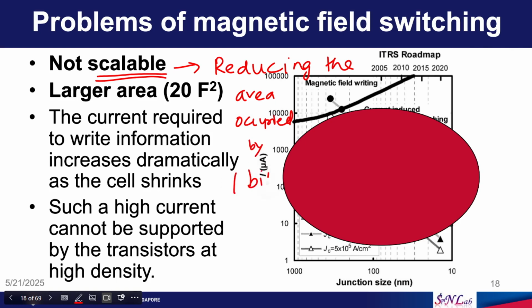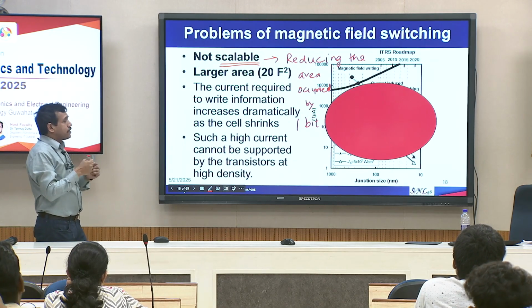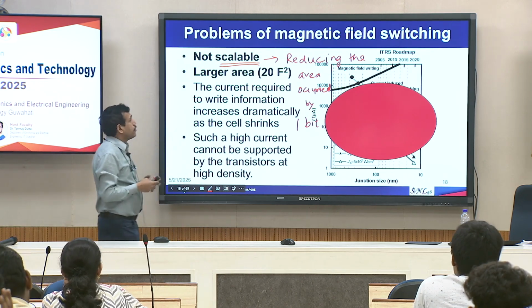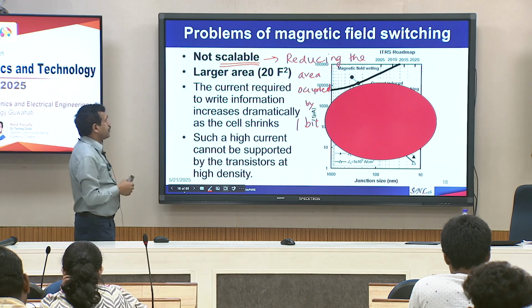The area required to store one bit. We want to keep reducing, we want to store more bits in a given area. So, when we are talking about scaling, we are talking about reducing the area required for storing one bit of information.